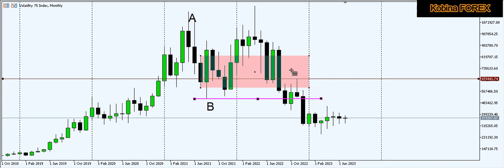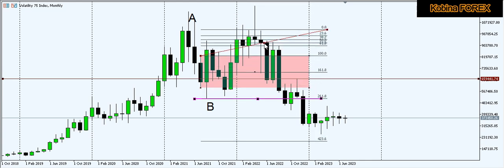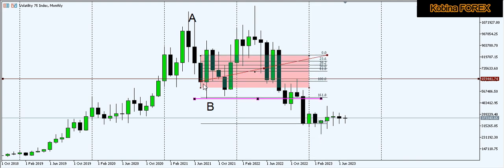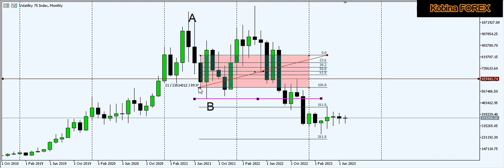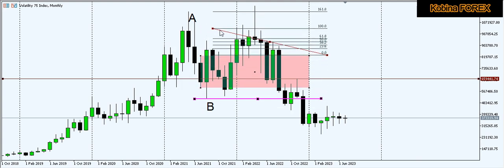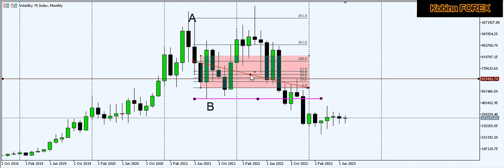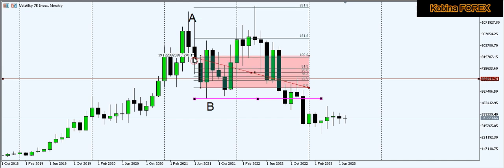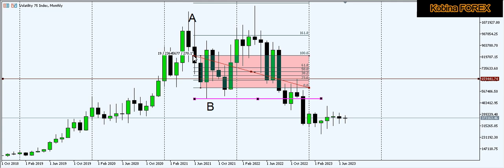Now let me use fib to show you something here, for those of you who are fans and fanatics of fib levels. When I pull the fib, can you see where the fib price got to actually effect the reversal?